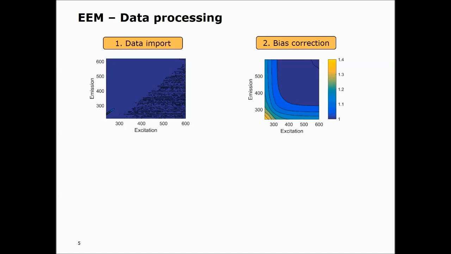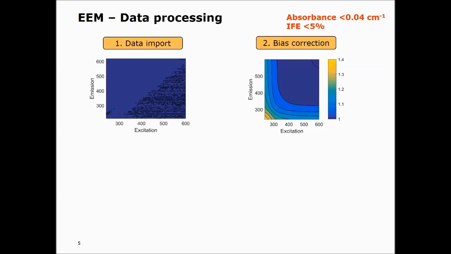So you can use that data to calculate the amount of inner filter effects that occur at different wavelengths, and this example shows a quite extreme case where we have an inner filter effect of about 40% at the lower wavelengths, that is 240 nanometers in this case, and they become less and less important the higher the wavelength in our example here.